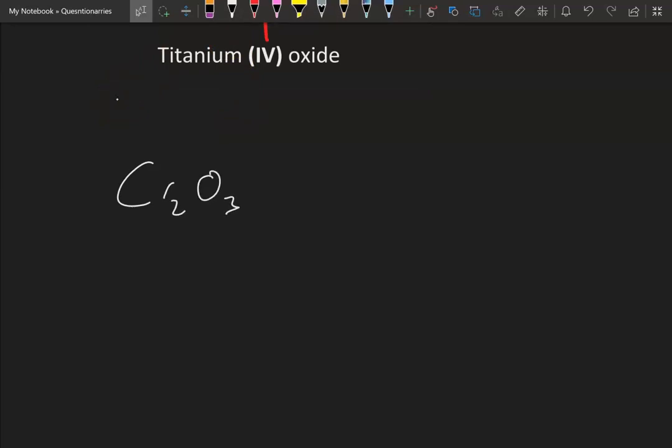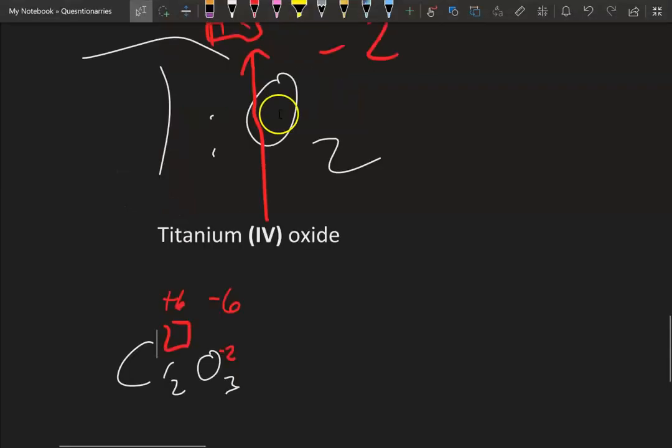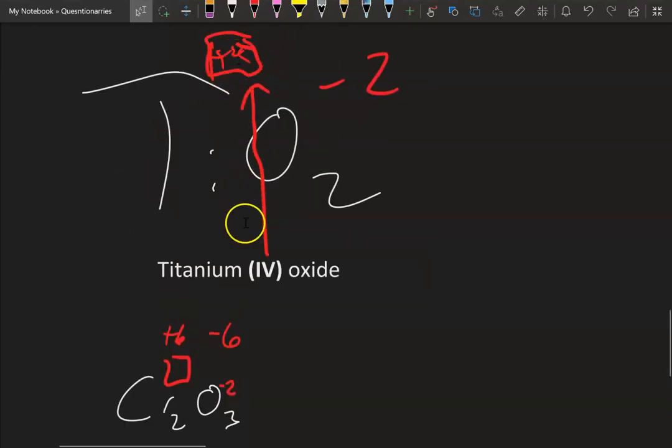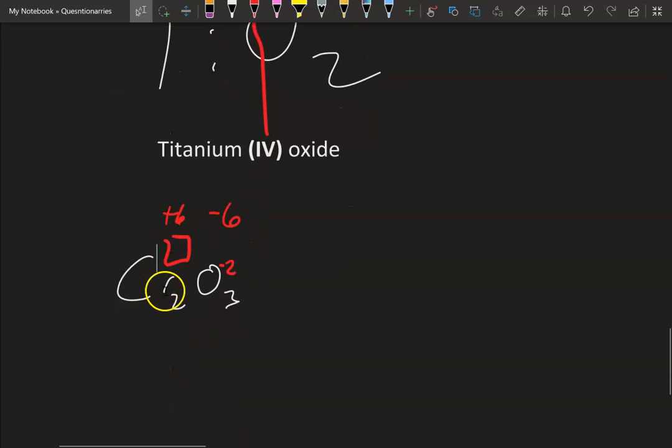The second one was Cr2O3. Again, you do know the oxygen's charge, but what we don't know is the oxidation state for the chromium. Oxygen is -2. There are 3 of those, so 3 times -2 gives me -6, and then +6 will cancel that -6. Unlike the titanium, where there was only one titanium that takes on the charge, in this example there are 2 chromiums, so you have to split the difference. 6 divided by 2 gives me +3.